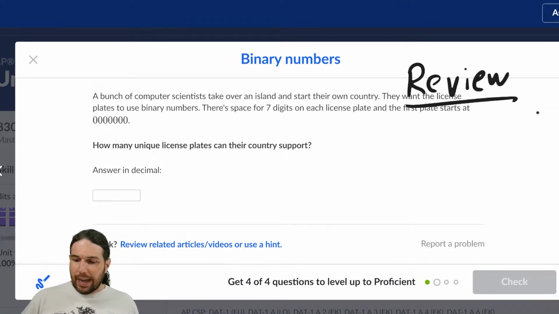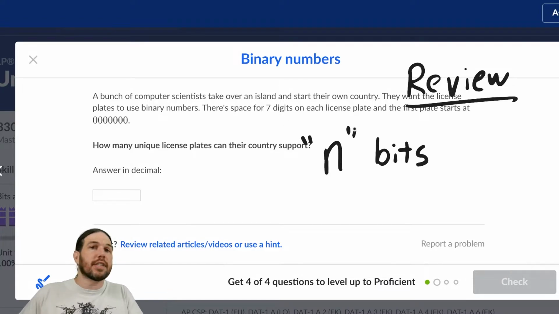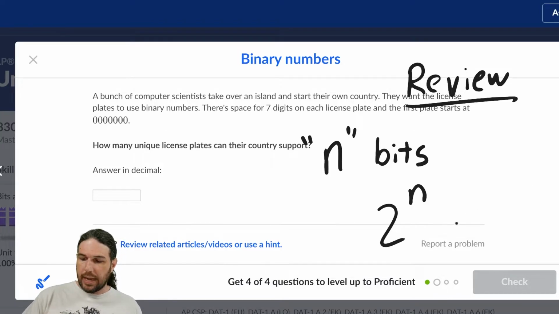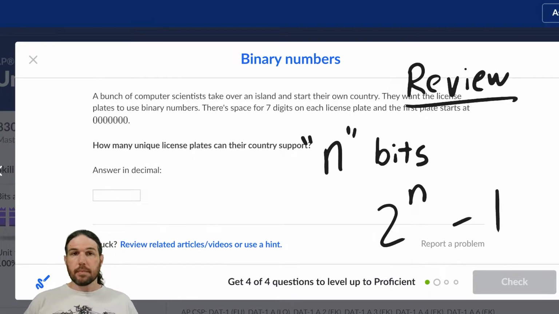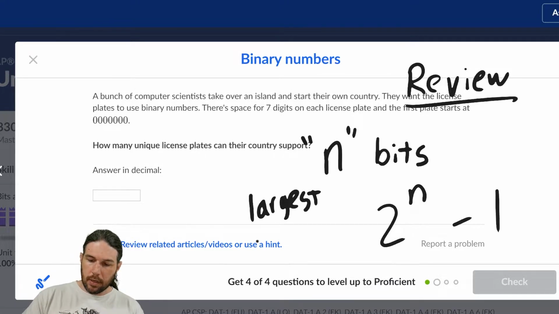So if you have n bits, and remember, n is just a symbol for some arbitrary number. It might be 5, it might be 20, it might be 1,000,000. N bits. The highest number that we can make is 2 to the n minus 1. This should be a review, but if it's not, go ahead and put it in your notes. The largest number.